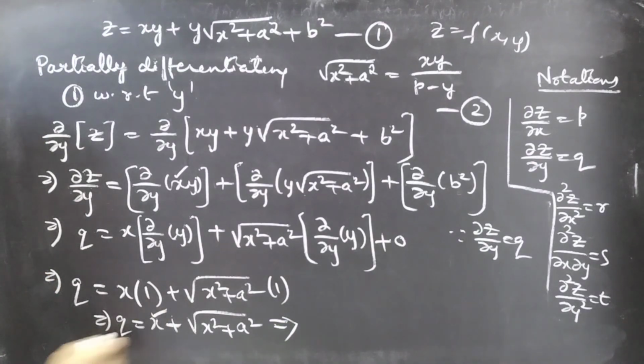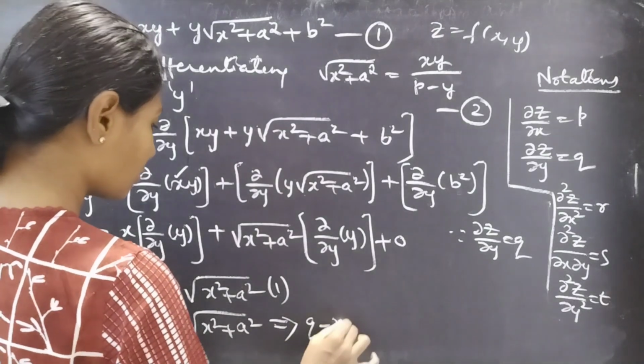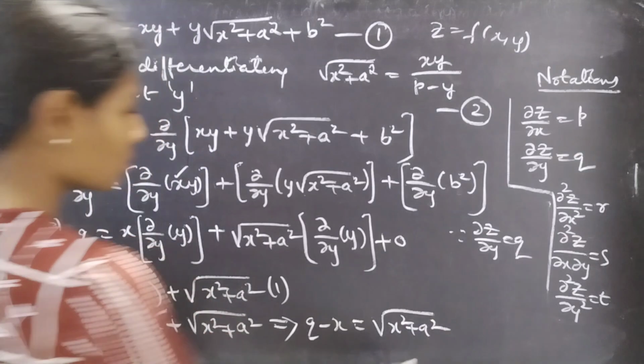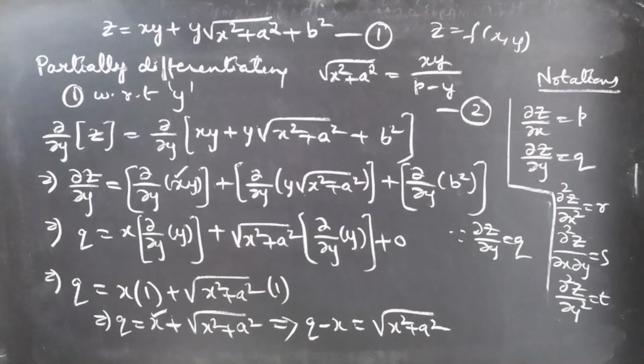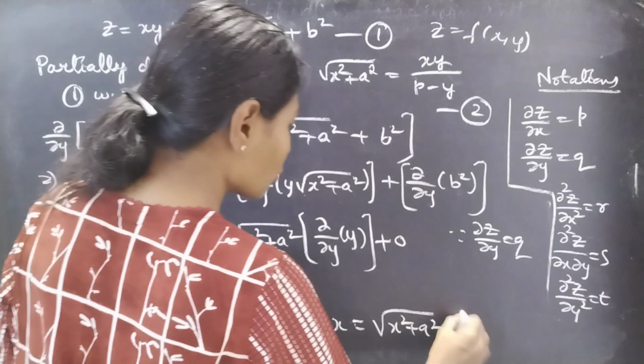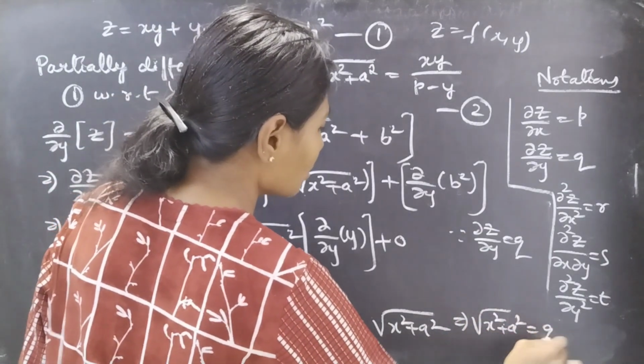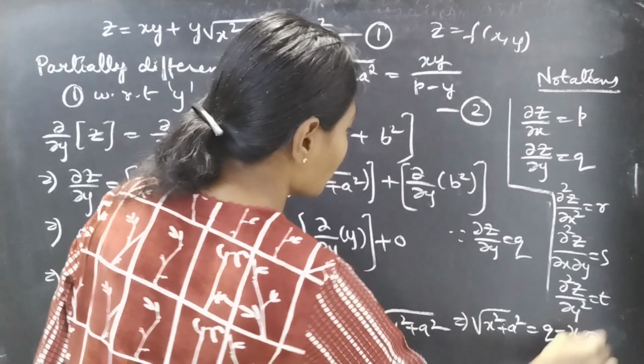Now bring this x to LHS, you'll get q minus x equal to square root of x square plus a square, or you can write this as square root of x square plus a square equal to q minus x. Consider it as equation number 3.